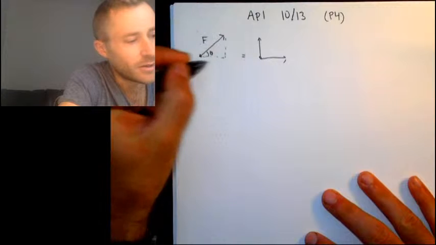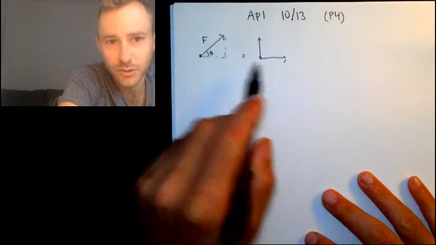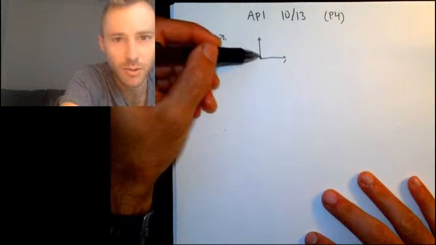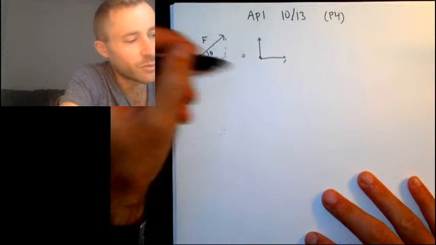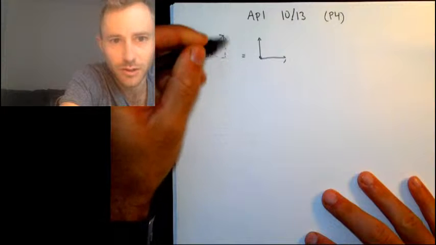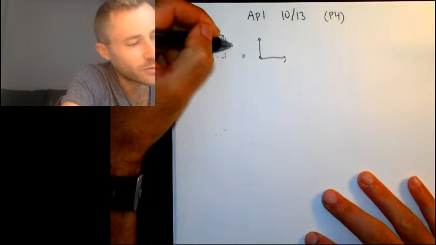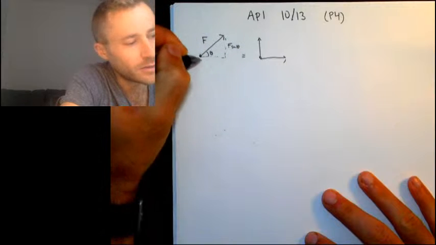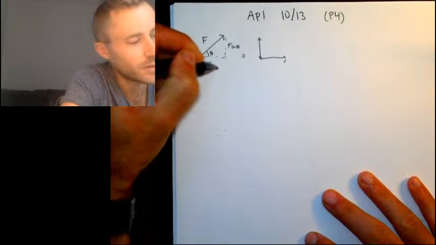The size of these vertical and horizontal forces, called the y component and the x component, we get by doing trigonometry on our force triangle. This vertical part is F sine theta, and this horizontal part is F cosine theta. Okay?